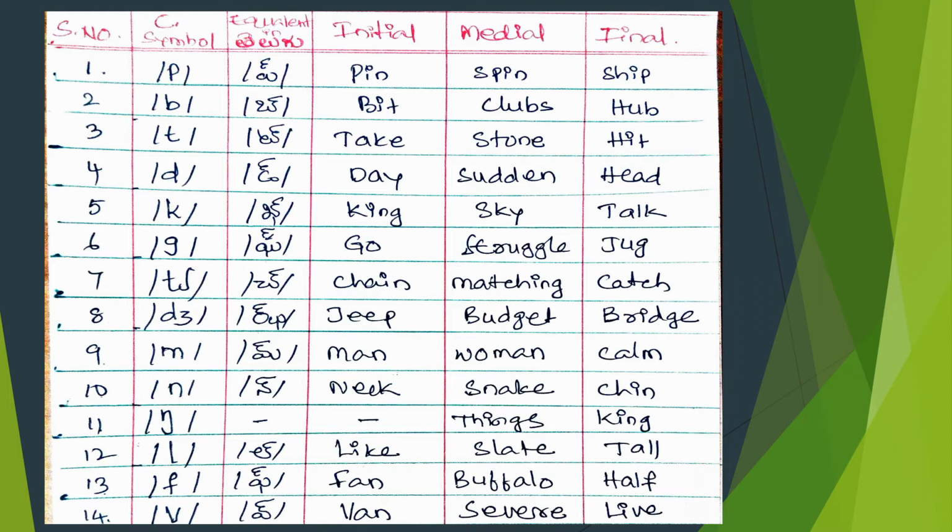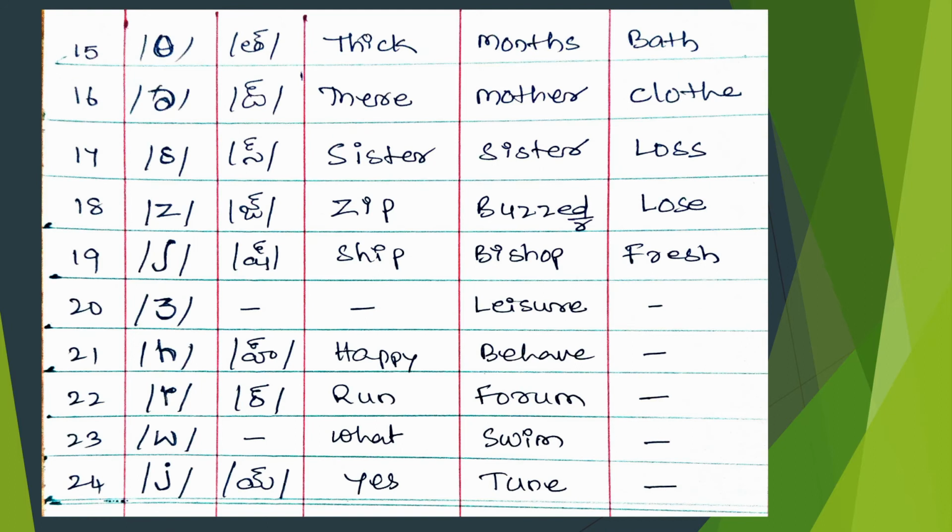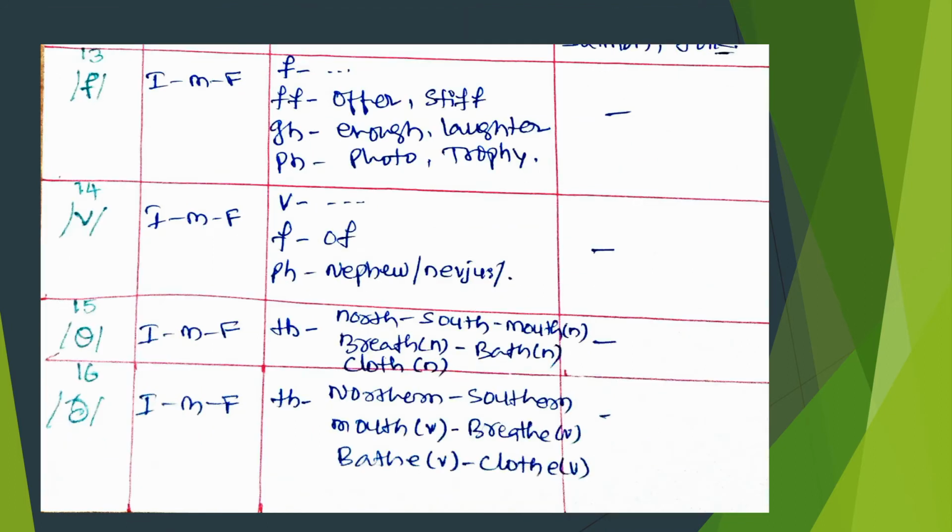Okay. Now, its spelling. The sound v happens initially, medially, and finally. And basically, this sound is represented with the letter V, as in very, van, and it's also represented by F in words such as of, and it's also represented by PH.